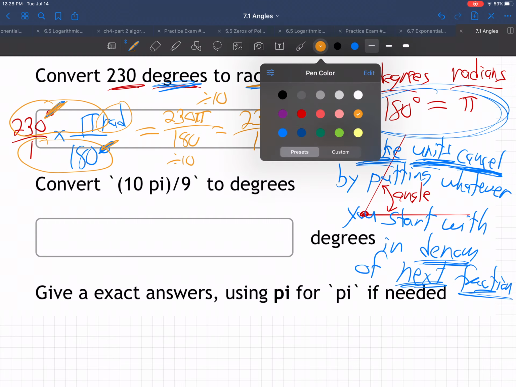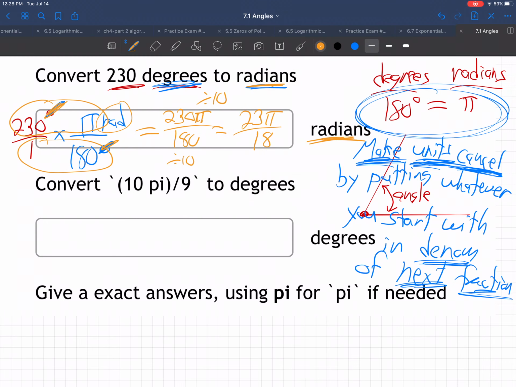Good. Let's try the next one. Now it's going to be the other way, because we're starting with 10 pi over 9. Now, is that radians or degrees? Well, if you don't see a degree symbol, which we don't, it's automatically radians.